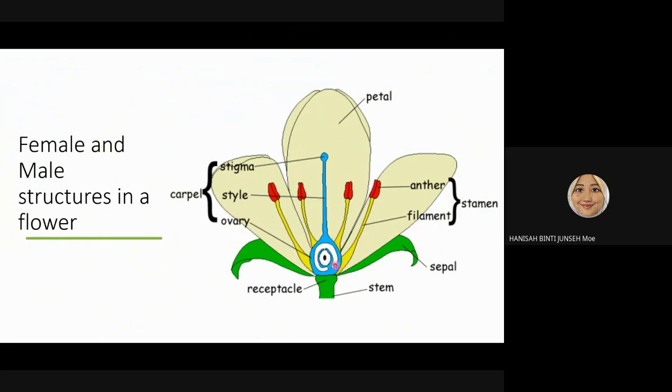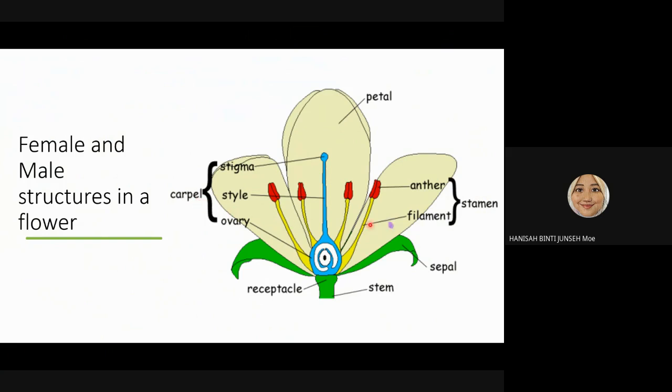Ovary is an organ. It has the same name as the human female reproductive organ, but this time you need to remember it as part of the carpel, which has a stigma, style, and ovary. This is the female structure.